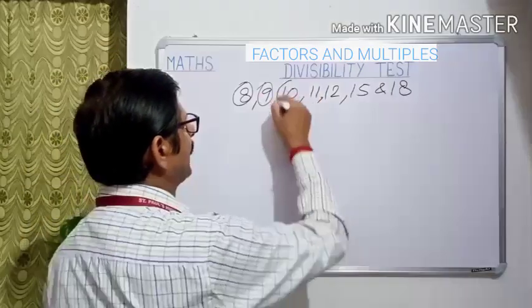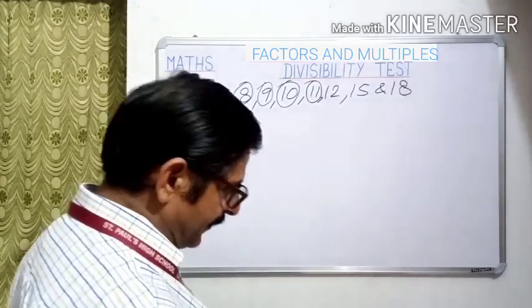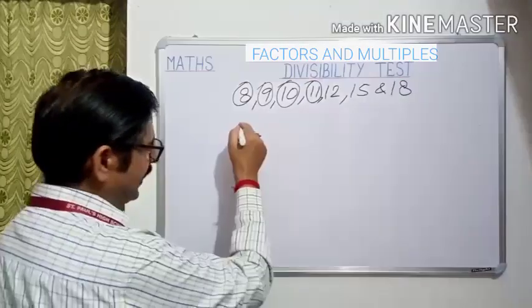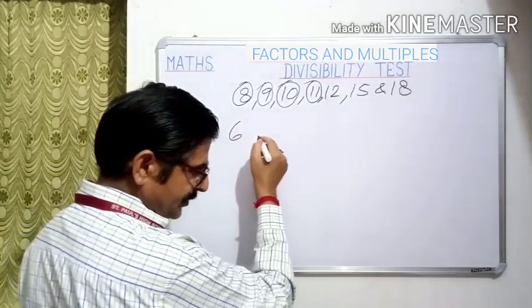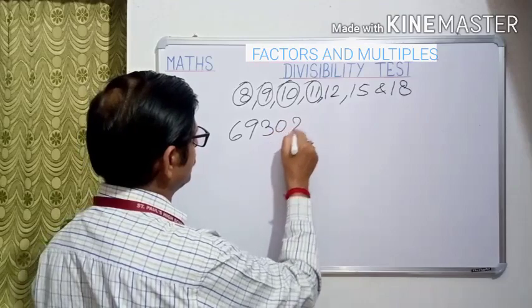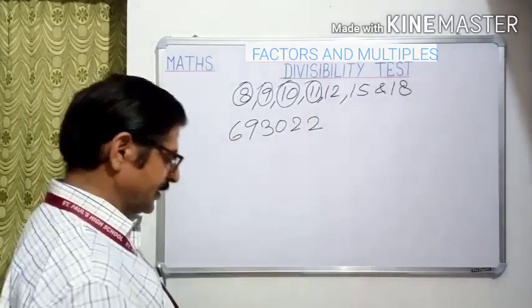Now, for 11. Let me write a number: 693022. 1 2 3 4 5 6, 6 digits are there.